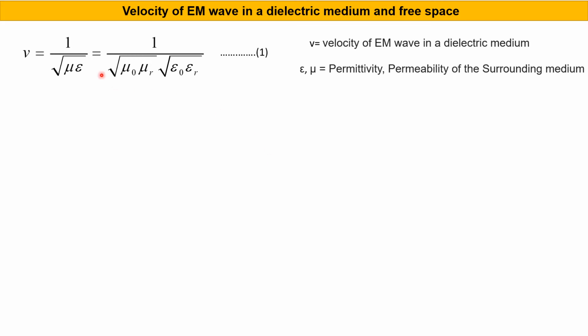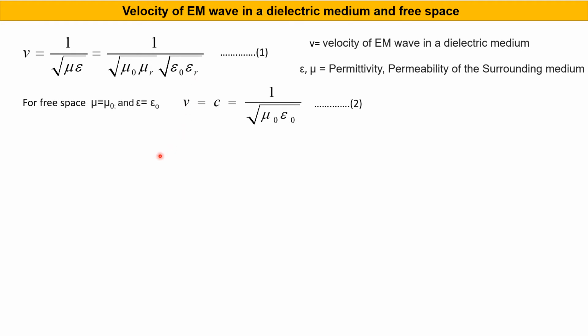Talking of the velocity, we replace velocity equal to 1 by root over mu epsilon. Mu can be written as mu 0 into relative permeability, and epsilon as epsilon 0 into relative permittivity.